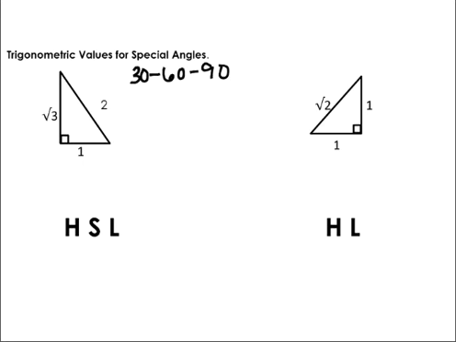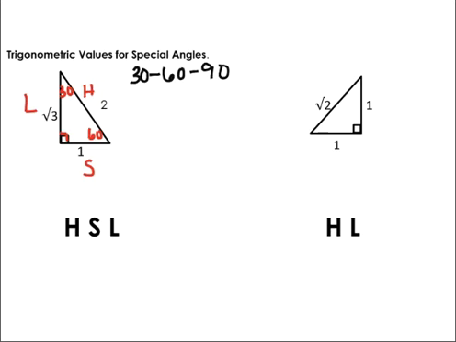Our 30-degree angle is always smaller, and our 60-degree angle is always a little bit bigger. Of course, the 90 is the right angle. If you had a teacher that taught HSL, H stands for the hypotenuse, S stands for the short leg, and the short leg will always be across from the smaller angle, and L is the longer leg. It's across from the bigger angle.